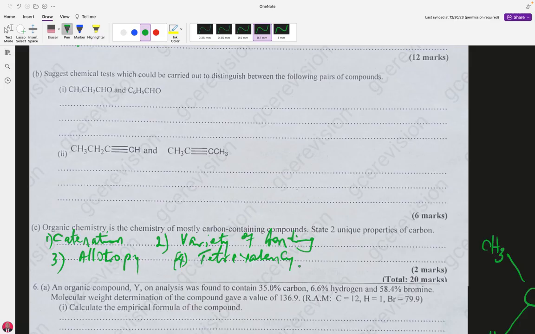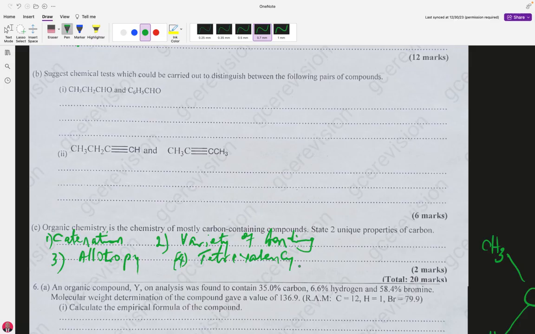The second one, variety of bonding. The ability of carbon to form single, double, and triple bonds with itself and other atoms makes carbon a unique element.